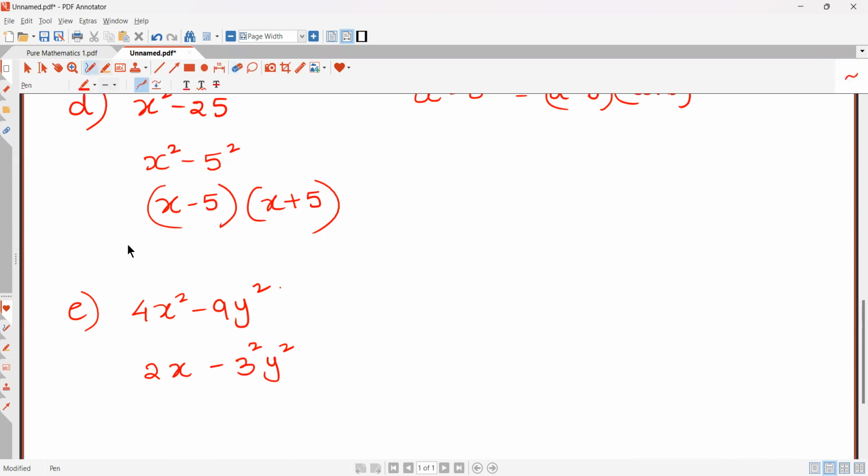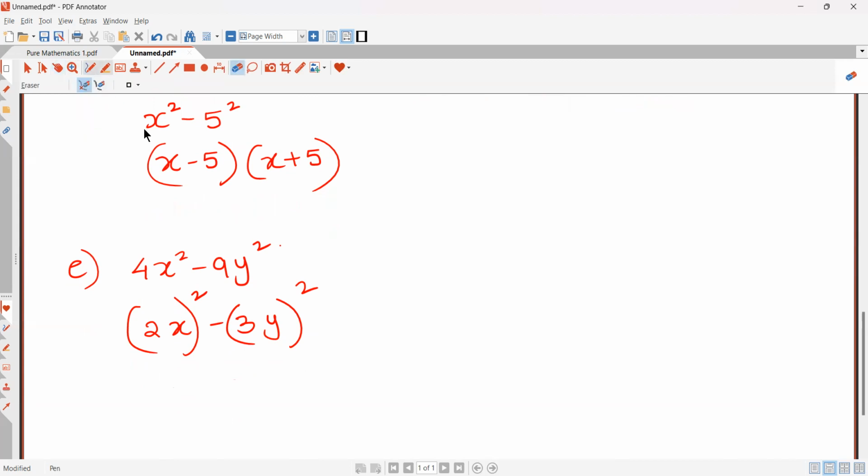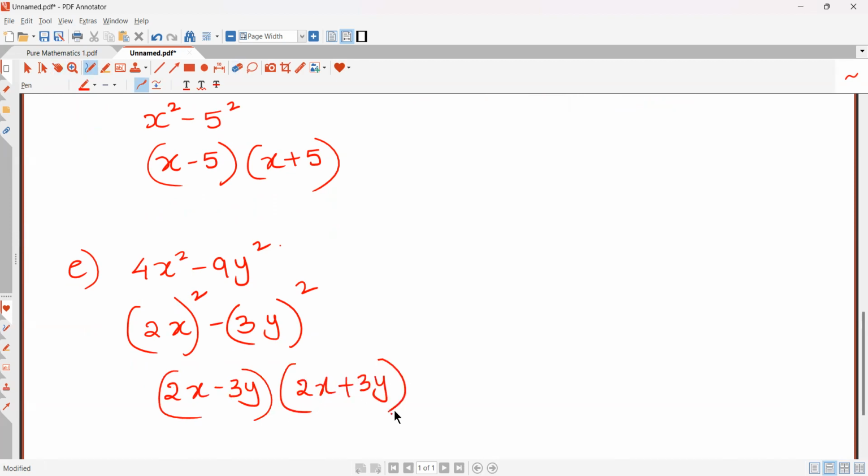So I would just rub it and write a whole square here. Oh, sorry. Why did I open it? I got back to the whole thing again. No. This looks like a minus b, a plus b. So 2x minus 3y, 2x plus 3y.